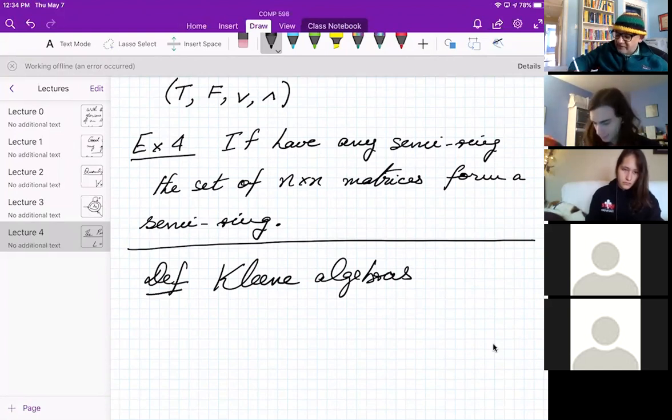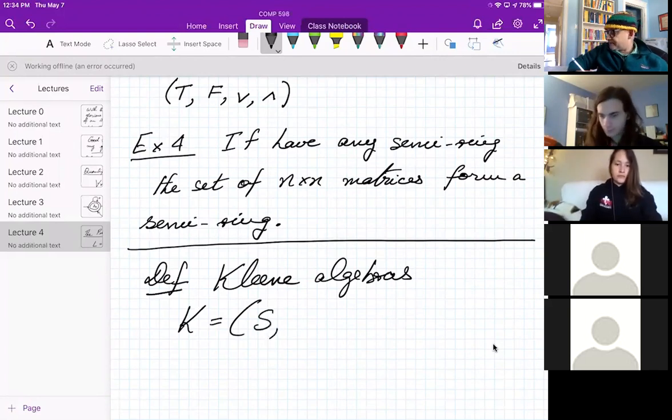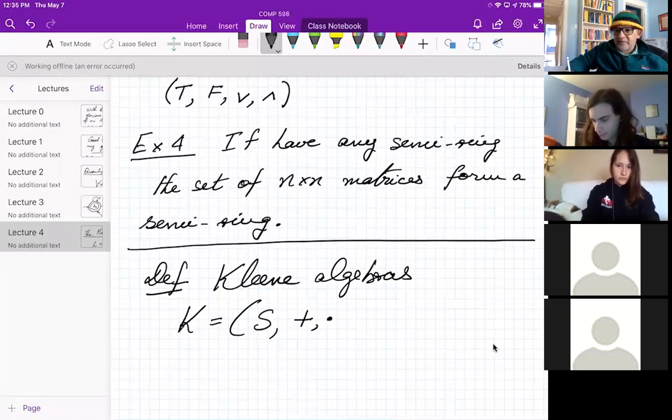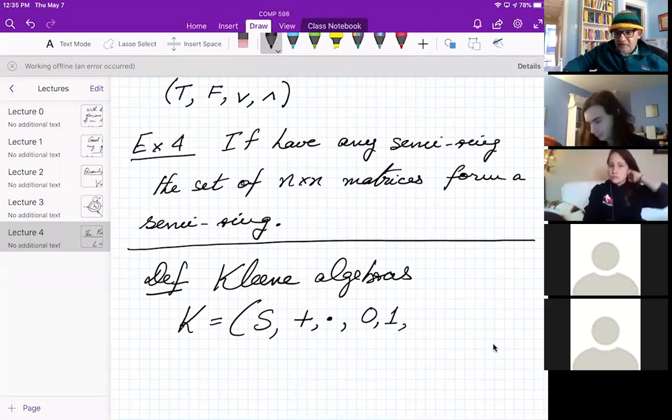So a Kleene algebra K has a set of elements. It has two binary operations, typically written plus and times, but this time I'll write times just as a dot. It has two constants, 0 and 1, and it has another special operation which isn't there normally in rings, and that is star.